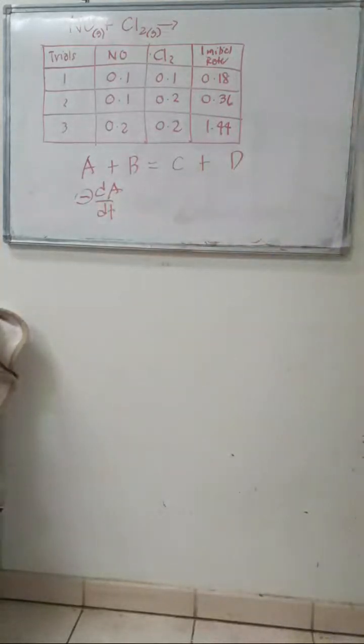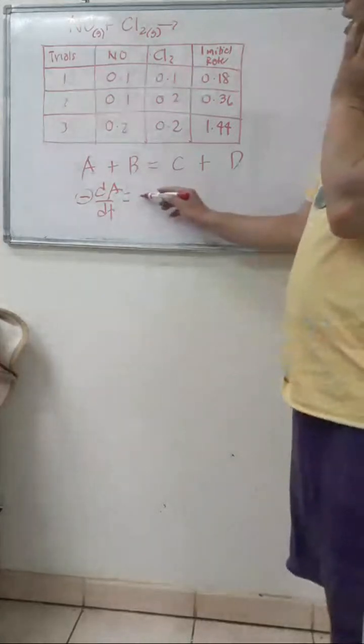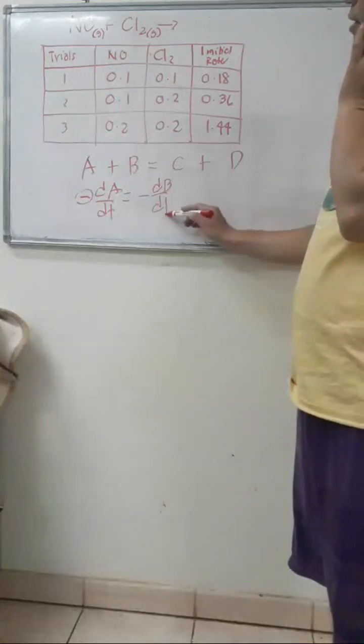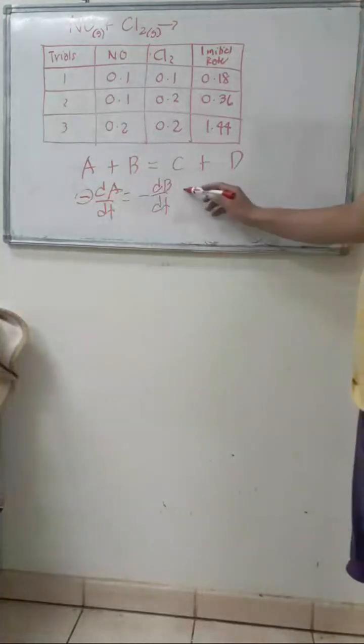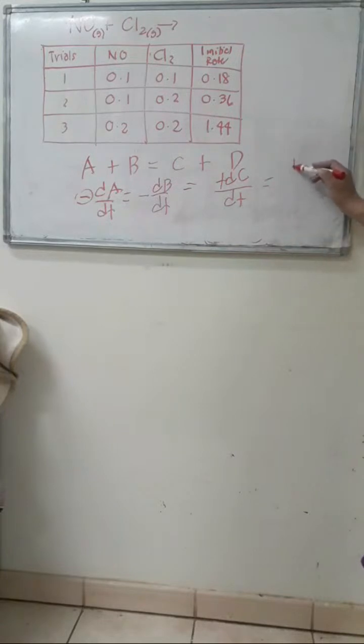Because during the chemical reaction, your reactant will become less and your product will become higher. That's why negative. Equal to negative dB dt, still negative. Then equal to, let's say, dC dt, positive now because it's a product, and then dD dt.